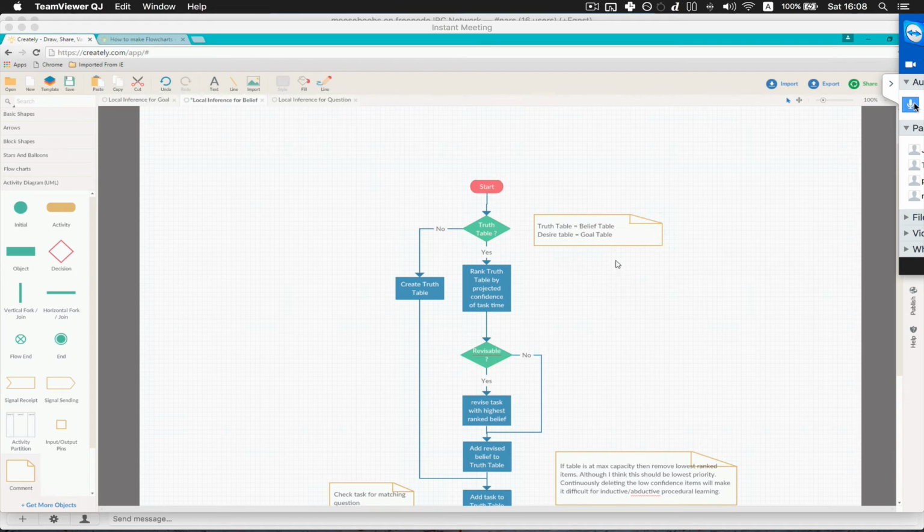But because people have been using it differently for several years, like Patrick, for example, I don't mind if people refer to them as beliefs or goals tables either, but they mean the same thing. So long as we're clear that truth table or belief table is the same thing, I don't think there's a problem. I just noticed that I always use this combination. Yeah, I know. That's what I was saying the other day.